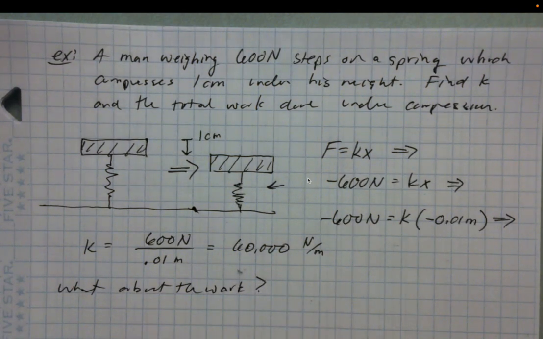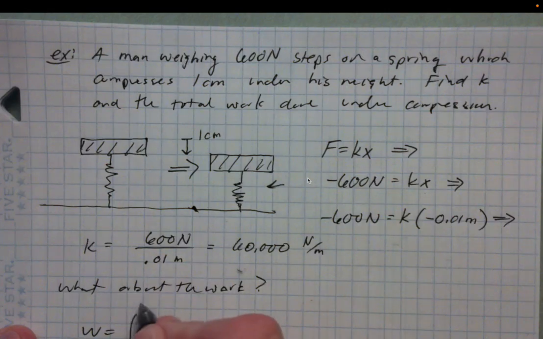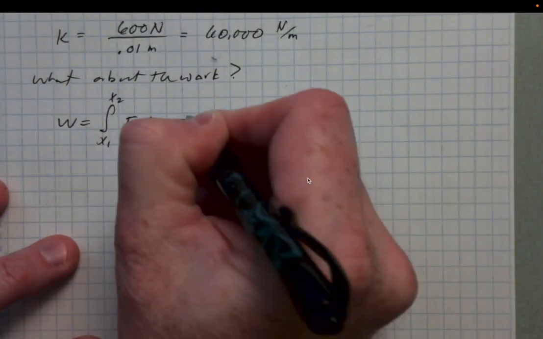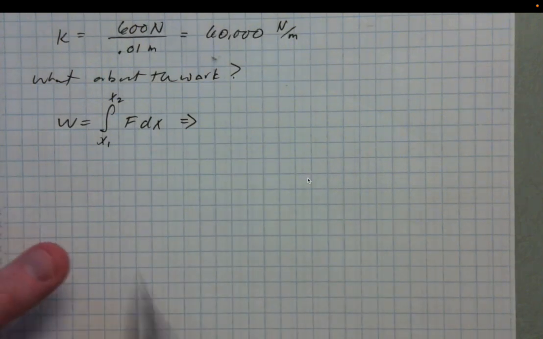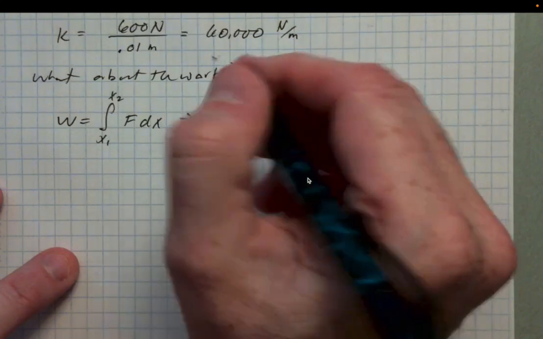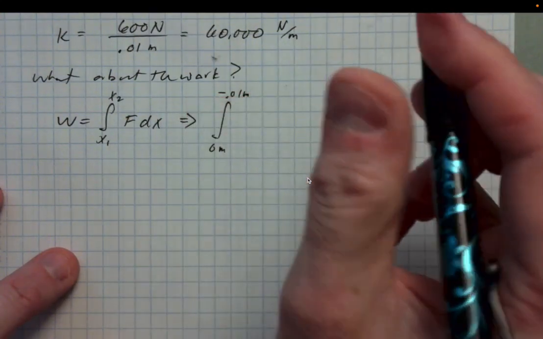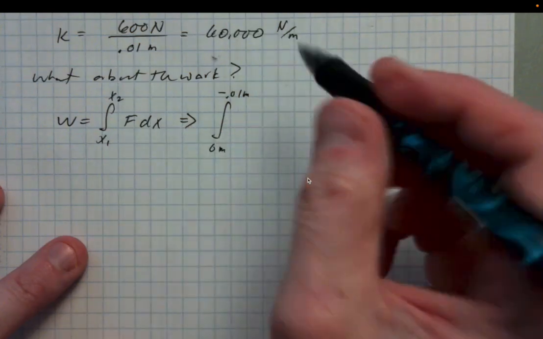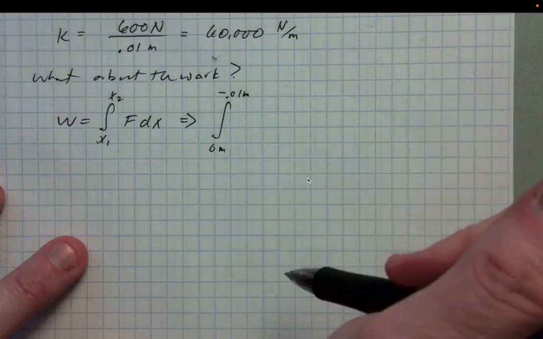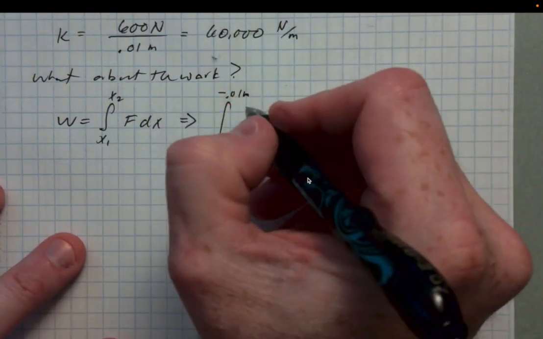Well, we saw that we can think of the work as equal to the integral from x1 to x2 of F dx, right? And so that's the form. So let's plug in what we know. We know the integral goes from 0 to negative 0.01 meters. And instead of just F, we can put in our 60,000 newtons per meter, and we can say that's the force times x, right?